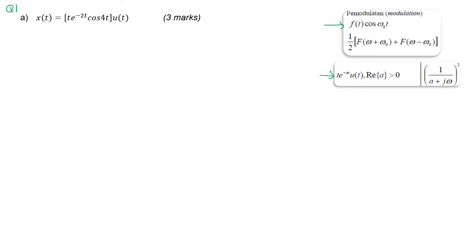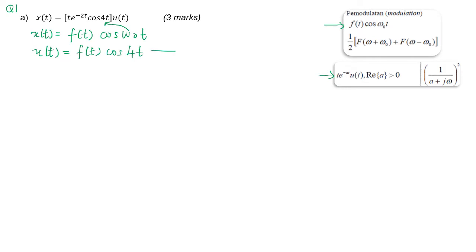So this equation can be rewritten as x(t) equal to f(t) cos omega naught t. So in which your omega naught is equal to 4 in this case, x(t) equal to f(t) cos 4t.